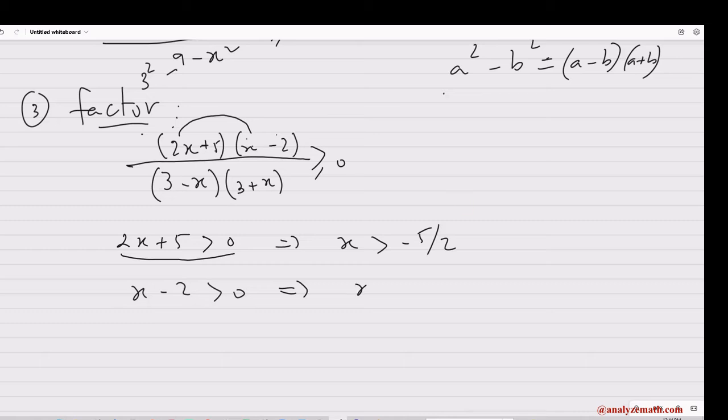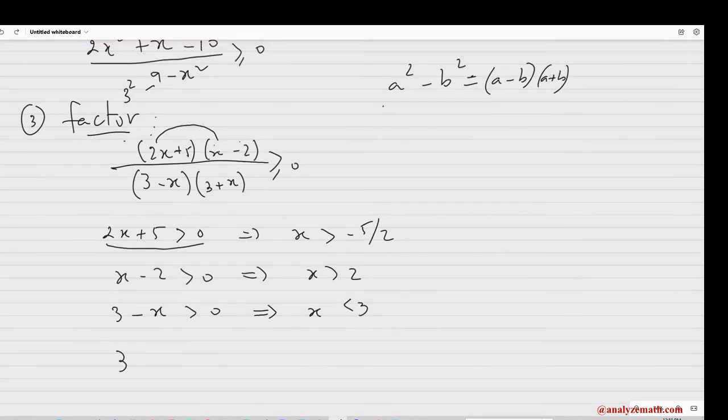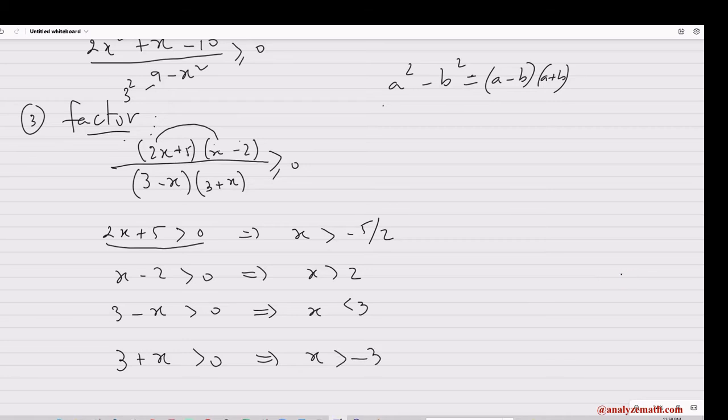X minus 2 is positive when x is bigger than 2. Then we go to the other factors. 3 minus x bigger than 0. When you solve this, you get x less than 3. 3 plus x bigger than 0. We solve and we find that x is bigger than negative 3.